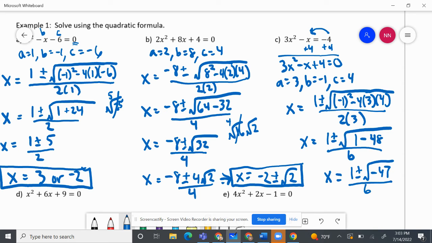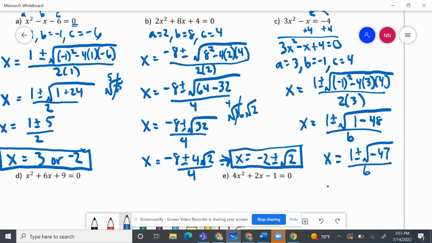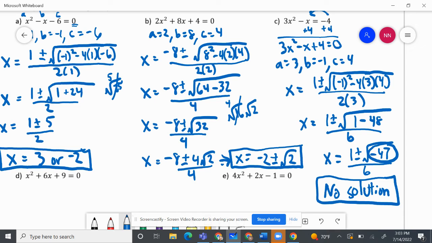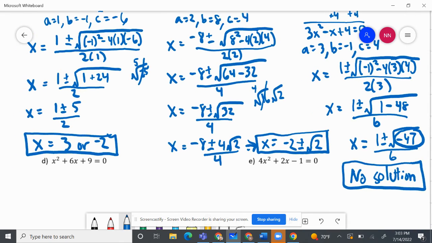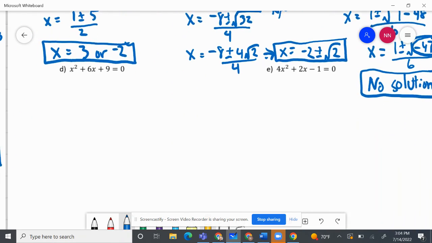We can't take a square root of a negative, so this is no solution. If you remember what we said earlier, whenever our discriminant, and the discriminant is the value in there, is a negative, we're getting no real solution. So it's no solution. Pause the video and try the next two on your own.